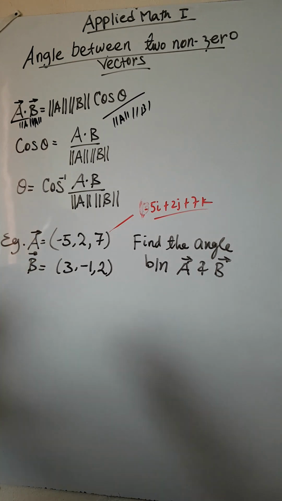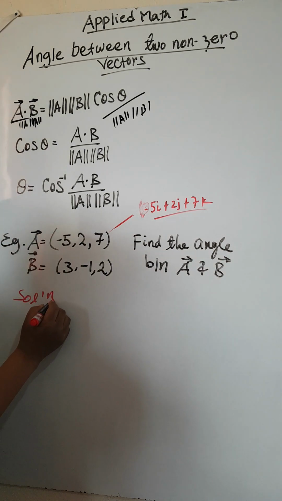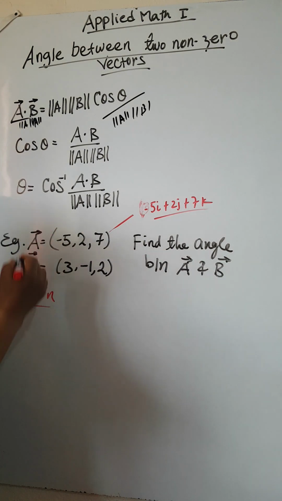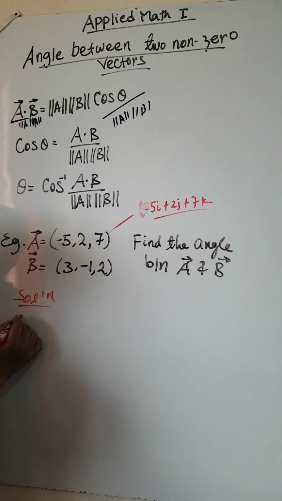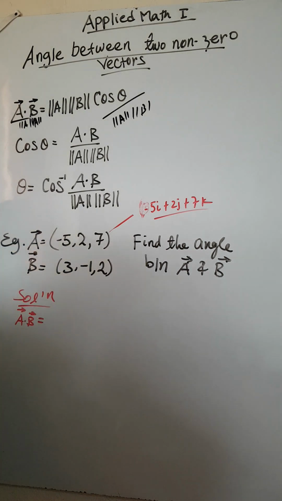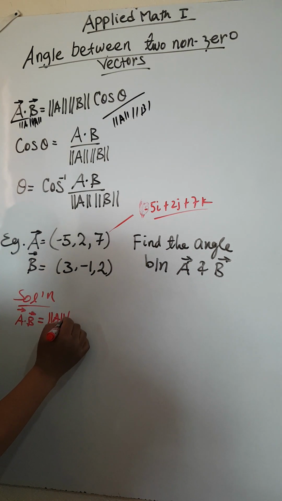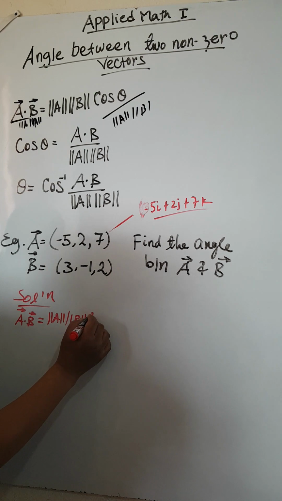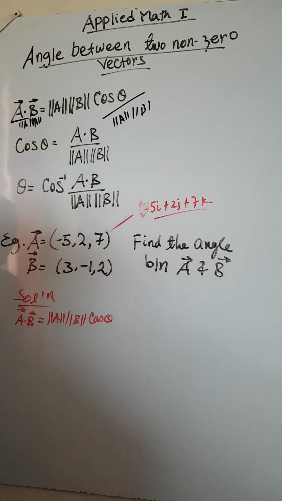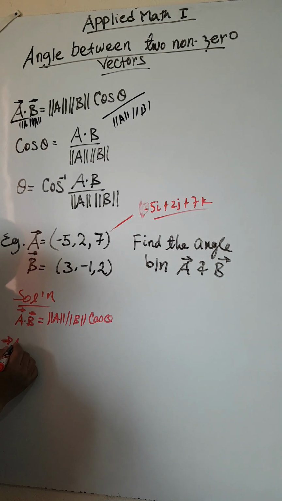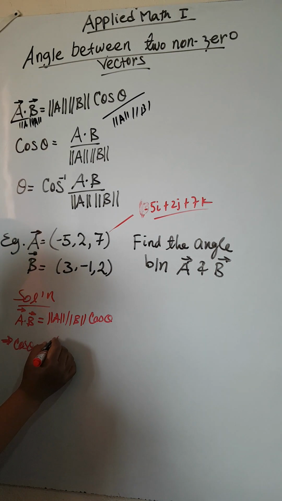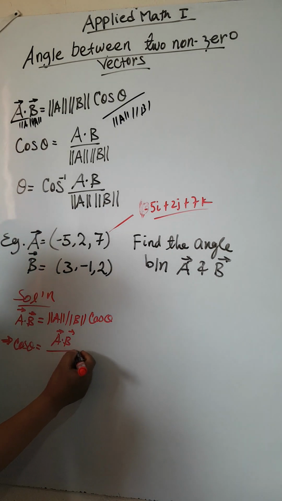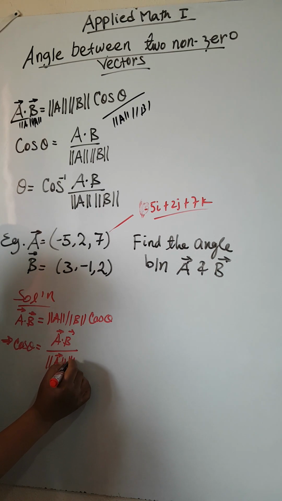ስለዚህ በሁለቱ መካከል ያለውን አንግል እንዴት ነው የምንሰራው? Solution: theta is equal to... ከዚህ መነሳት እንችላለን። a dot b is equal to norm of a times norm of b then cosine of theta. ይሄ ምን ይሰጠናል? cos theta is equal to a dot b divided by norm of vector a times norm of vector b.